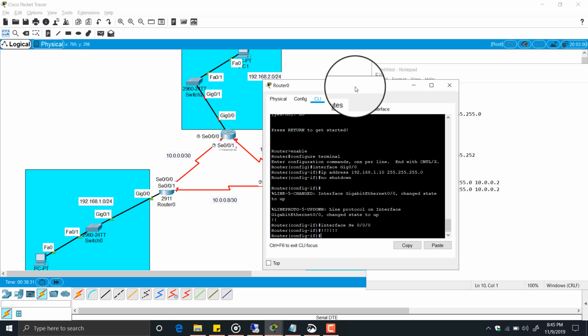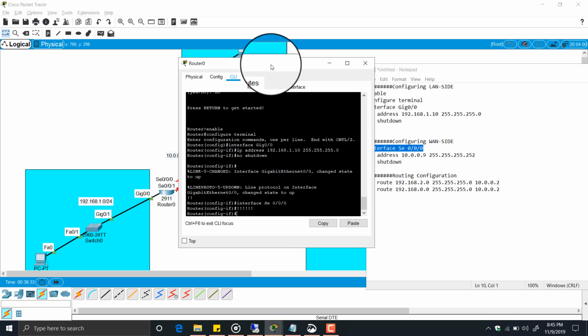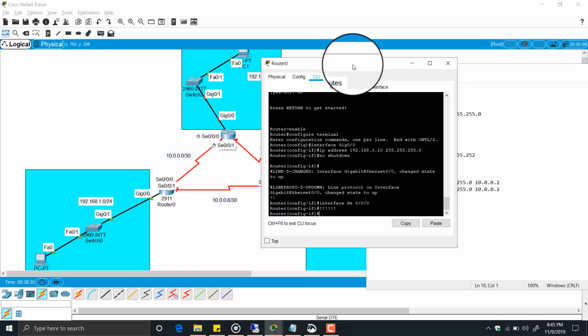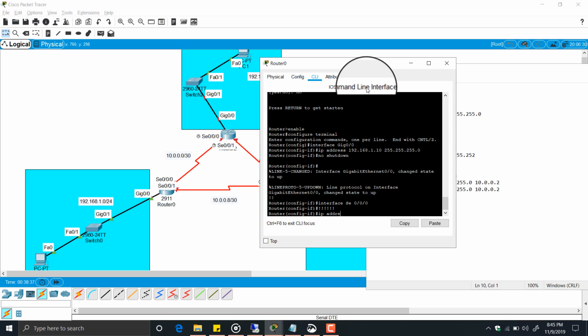Okay, now I'm going to give it an IP address. It's going to be 10.0.0. I'm going to give it the 1. So this router is the .1 and this router is the .2. Okay.